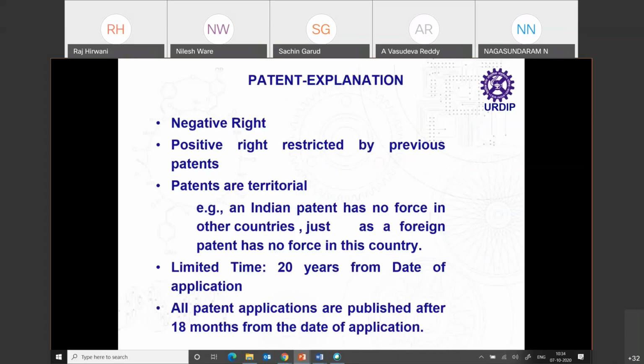The patent of somebody else, in your technology or product area, patents before you. He got a right to stop others. He also got a right to stop others. And you are included.